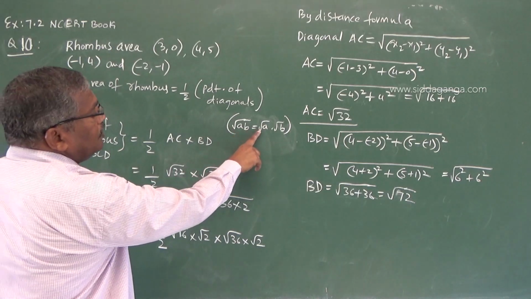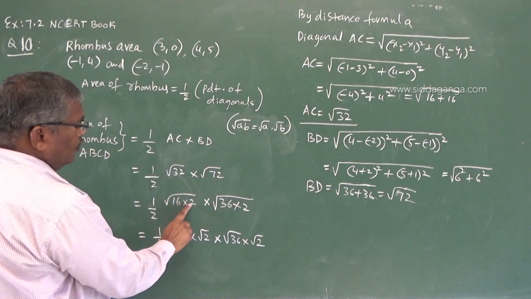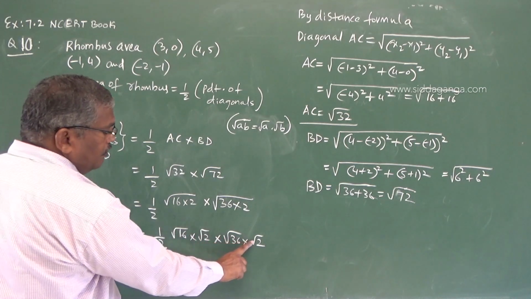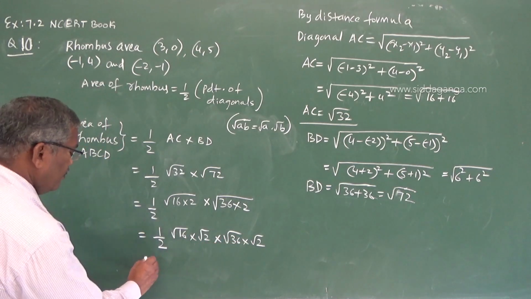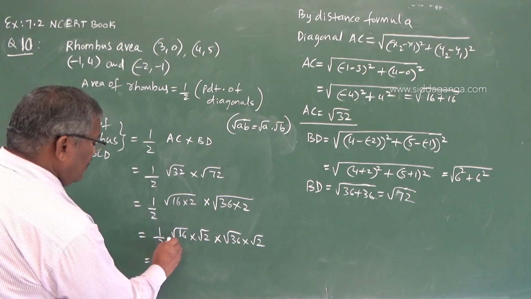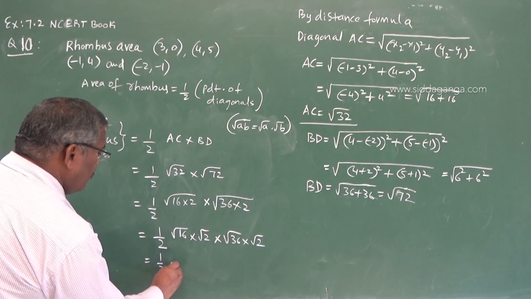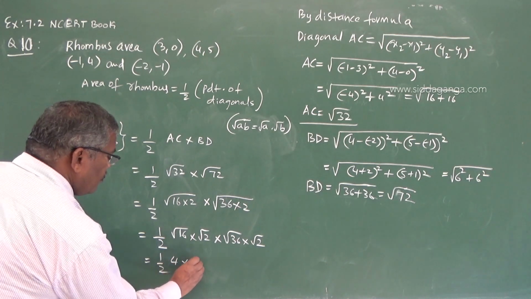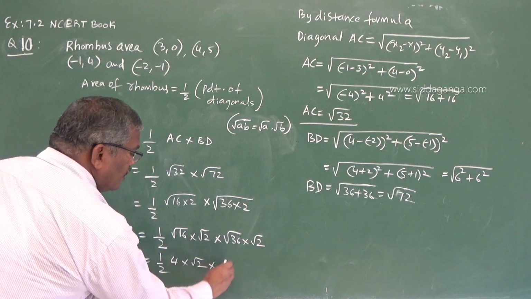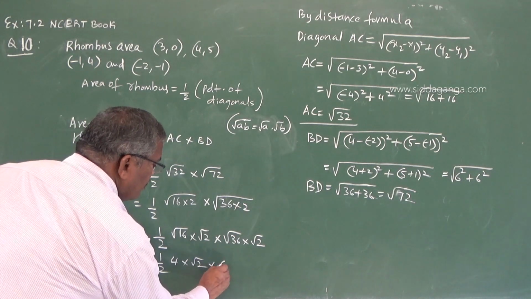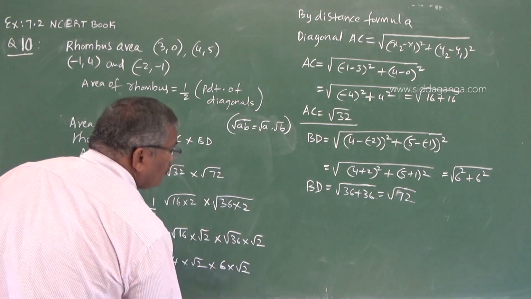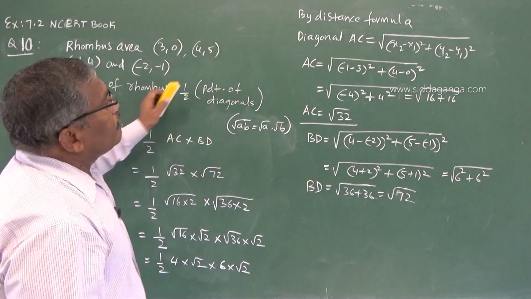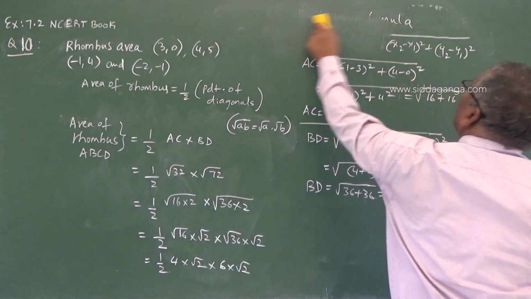So this equals 1 by 2 into root 16 is 4 into root 2 into root 36 is 6 into root 2. I will continue here now.